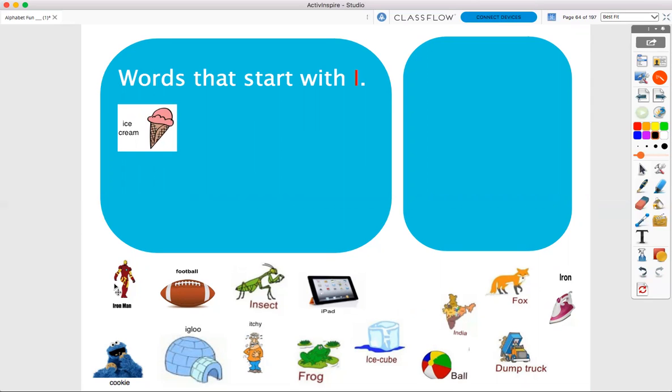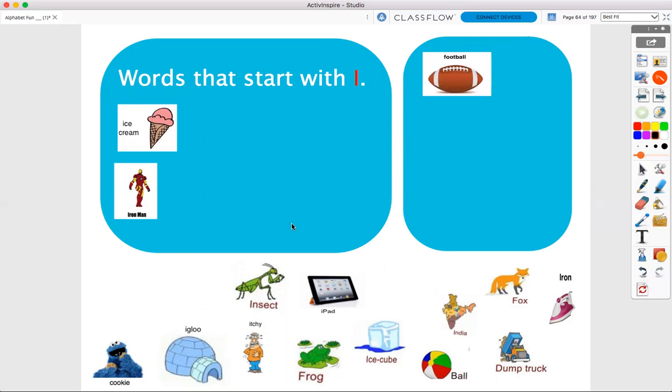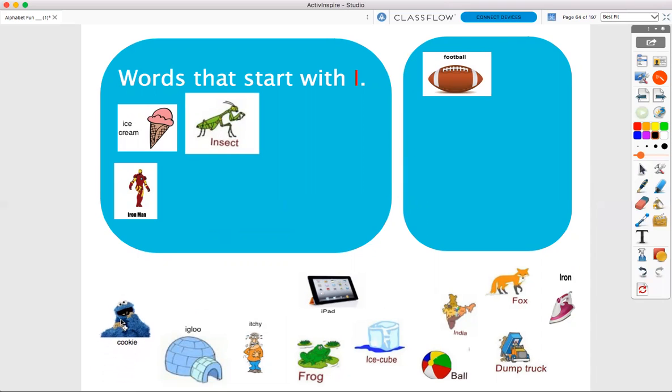Okay. Does Iron Man start with I? Yes, iron starts with I. Does football start with I? No. What about insect? Yes, insect starts with I. Does cookie start with I?